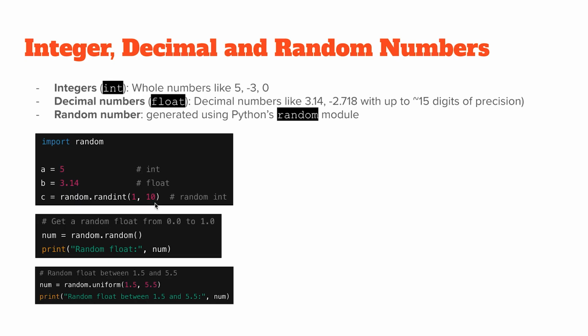This will give you a random integer between 1 and 10, including both. Second, random.random(). This will give you a random float between 0 and 1. Lastly, random.uniform(1.5, 5.5). This will give you a random float between 1.5 and 5.5.